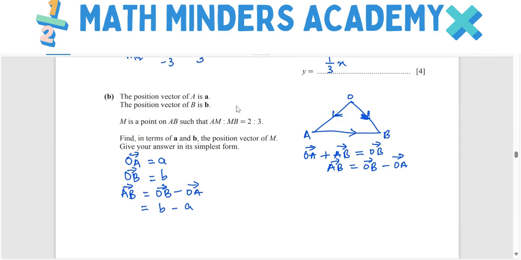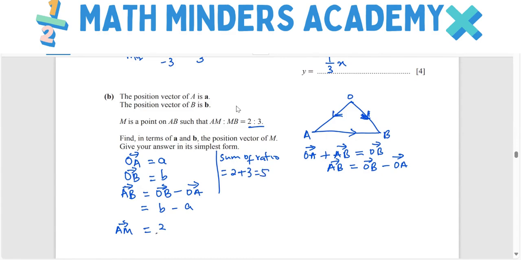Now, we want to divide this vector AB using this ratio, okay? That means vector AM is actually going to be, if you take the sum of ratio, 2 plus 3, that is 5.